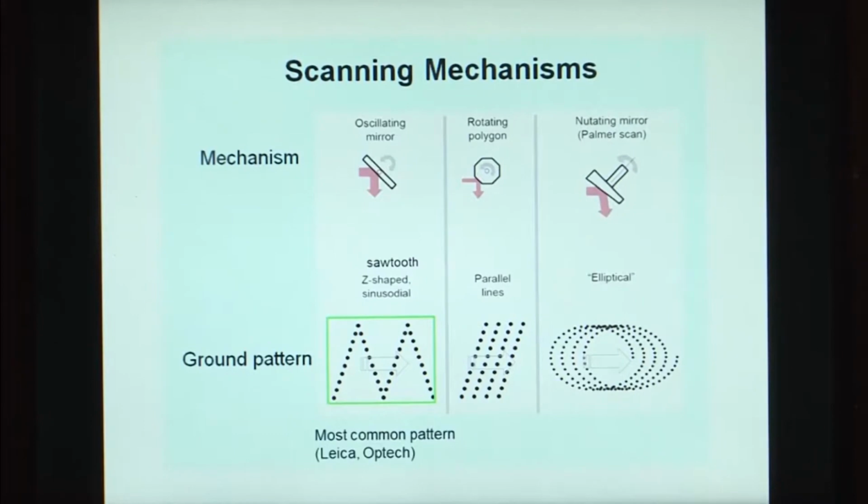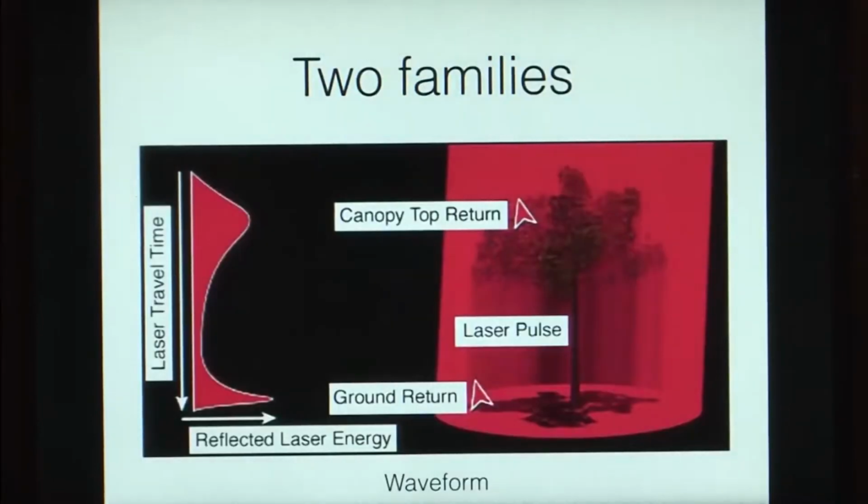Now, lidar is divided into two families. One is called waveform lidar. In the case of a waveform lidar, you measure the amount of energy that is reflected with this laser travel time. So, for instance, in this figure on the right we have a tree.